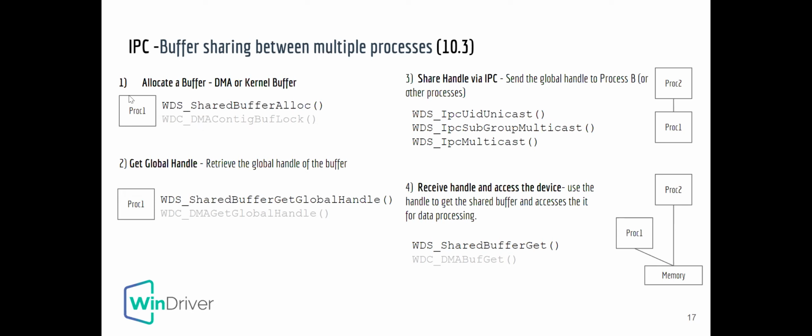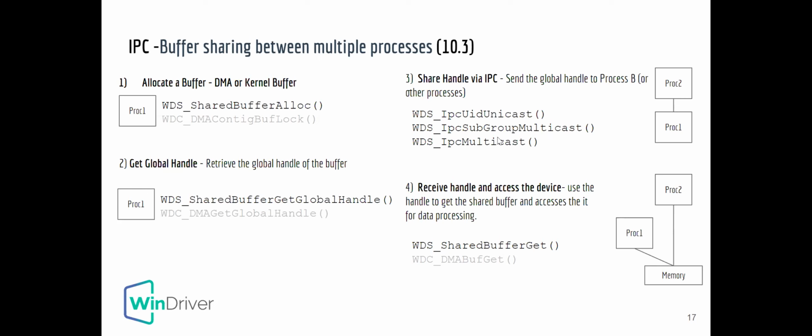So the first thing that needs to happen is to allocate a buffer, DMA or kernel buffer. This is process one. Then we need to get the global handle, to retrieve the global handle of the buffer. This is also process one doing, using WDS shared buff get global handle. It needs to share the global handle, using a unicast, a subgroup, or multicast. We saw how these messages are sent.